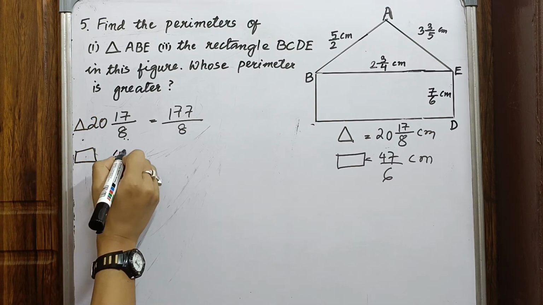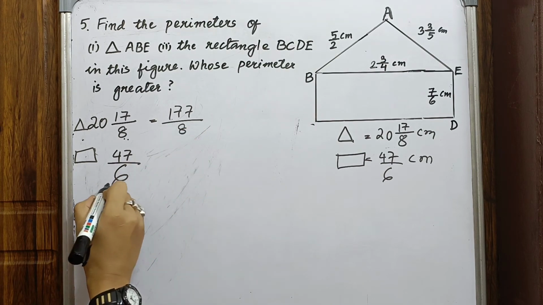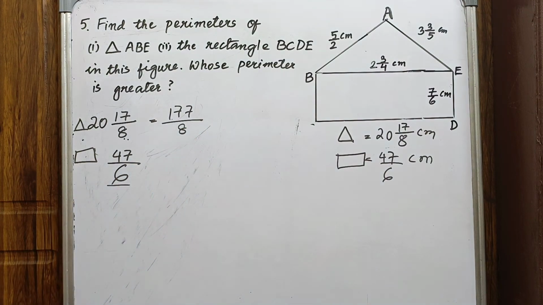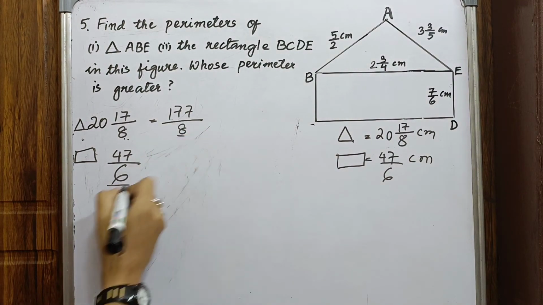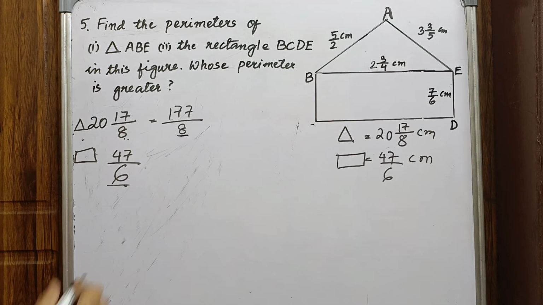Rectangle is 47 by 6. Which is greater? As we have seen in the previous one, we have to make the denominator same, then we can see which one is greater.